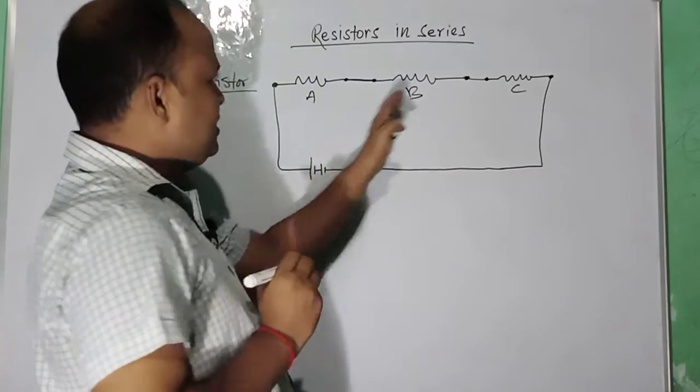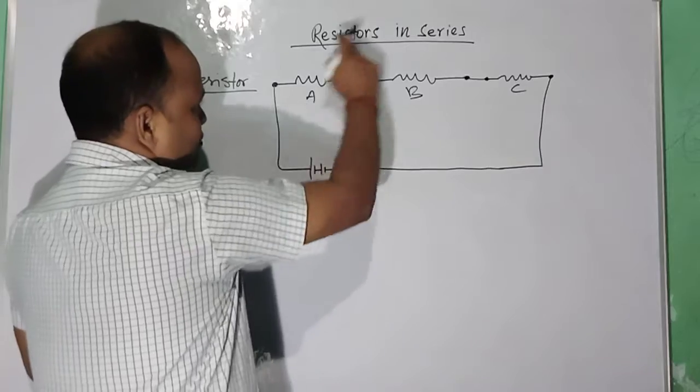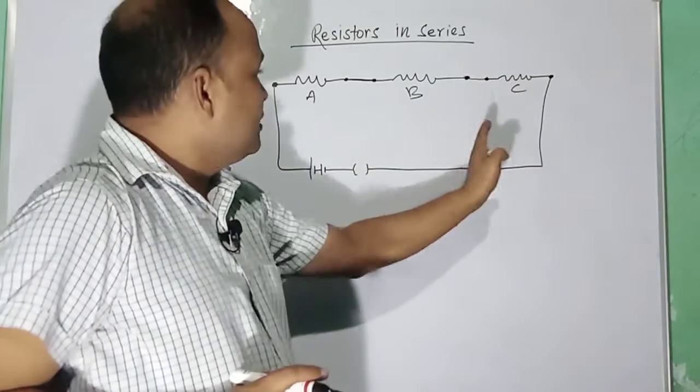So if it is connected like this, this represents a series combination.